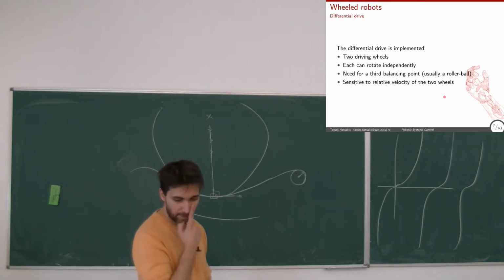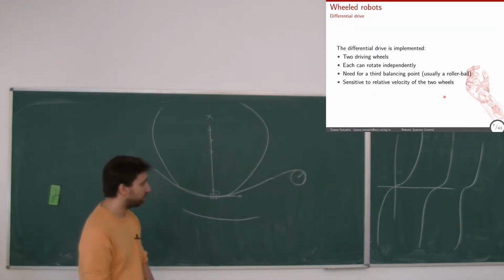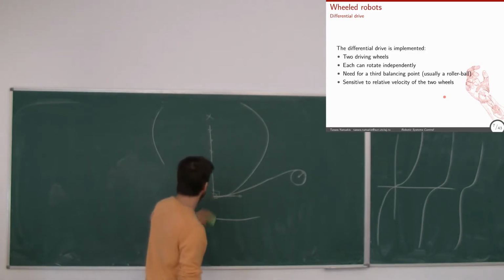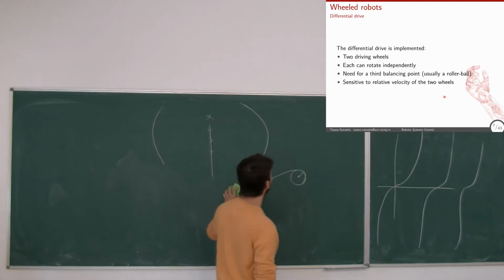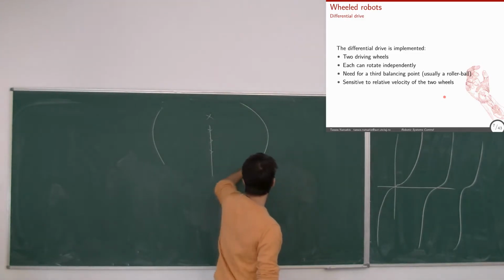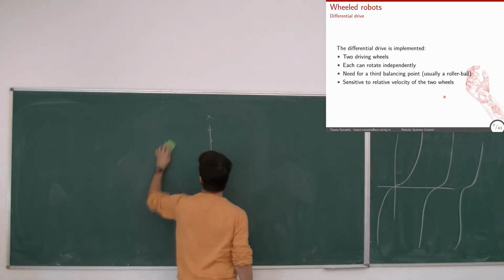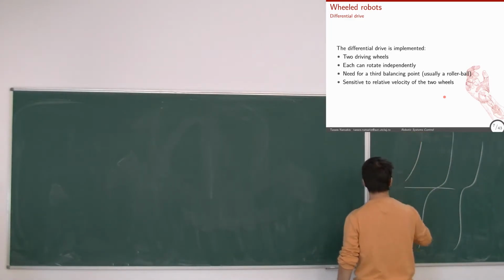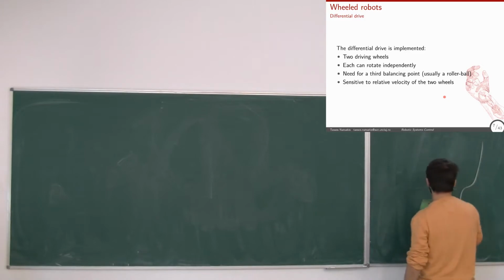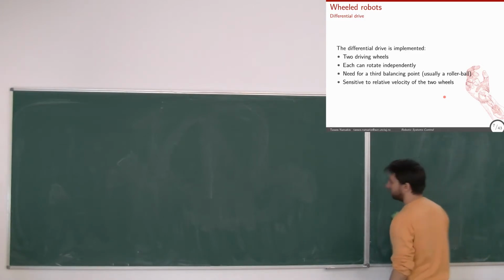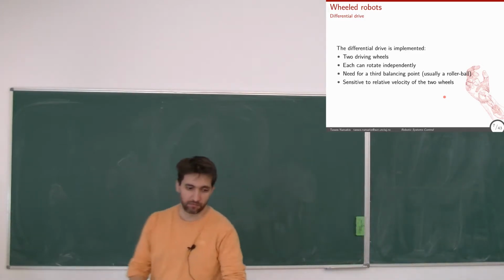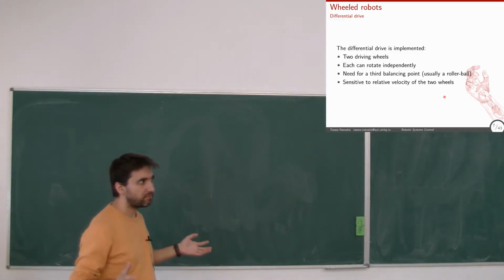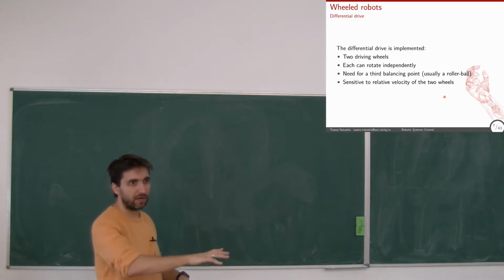Okay? So let's see, our first example of a robot is a robot with 2 wheels. Usually these robots with 2 wheels have 2 driving wheels, and sometimes there is a third one just for balance.